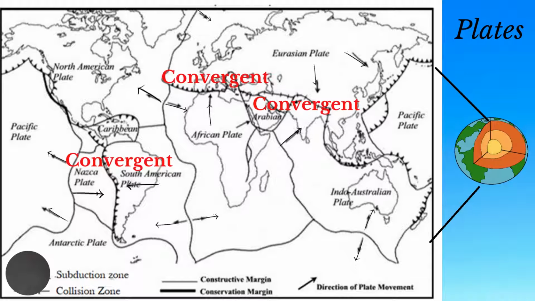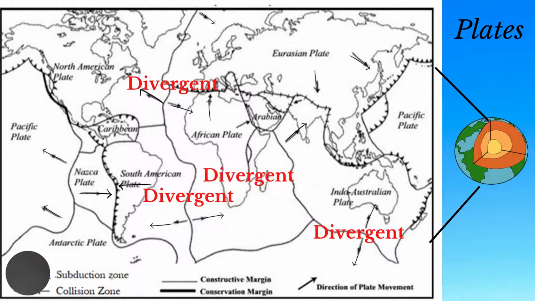We also see where the Indo-Australian plate moves towards the Eurasian plate and another convergent plate margin is created right there. We can also see the North American and South American plates generally moving to the west, while the Eurasian and African plates are generally moving towards the east, and so a rift zone is created there.